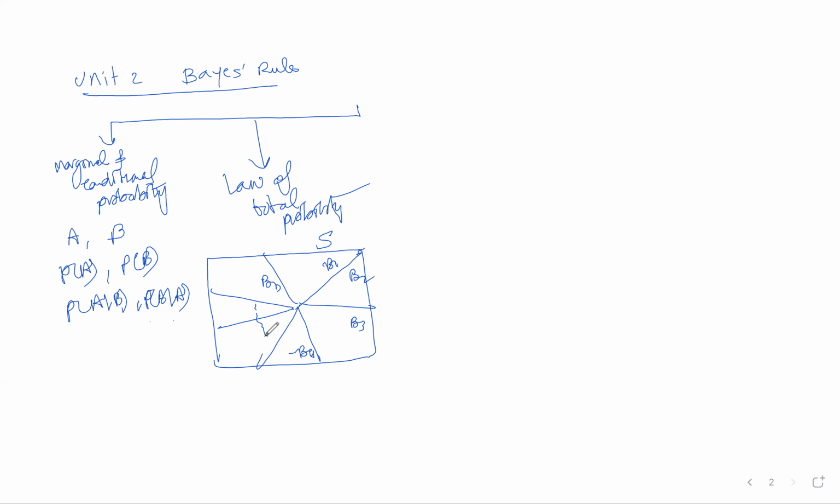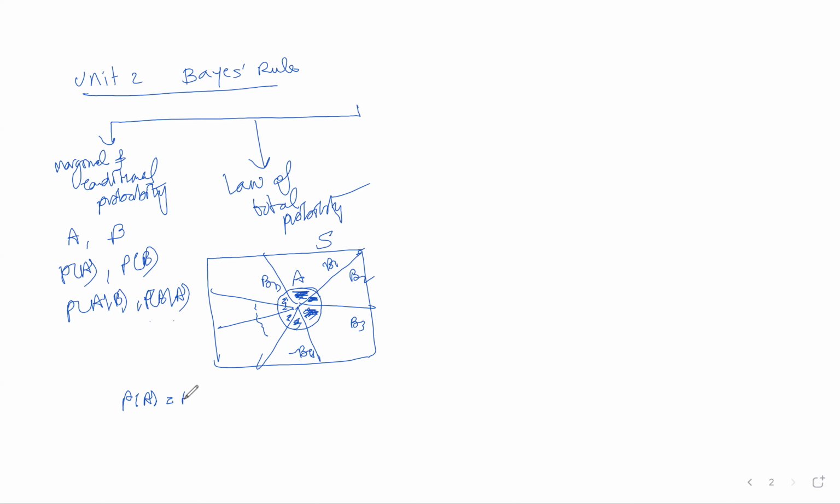And you know the probabilities of these events, and you have another event called A. This event has some intersection with each event from B1 up to Bn. So these are the intersections between A and B1, A and B2, A and B3, A and B4, up to A and Bn. It is very clear that the probability of A equals this one plus this one plus this one plus this one, where each is the probability of an intersection.